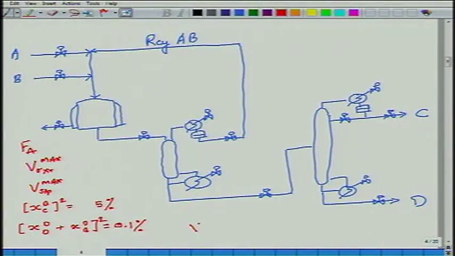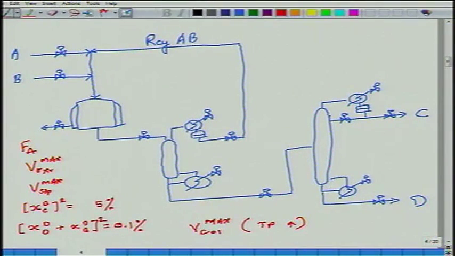So, as I transition, V column becomes max as throughput is increased. Yes or no? All right. We have agreed on this, this was done last time. This was the problem that we were trying to solve.